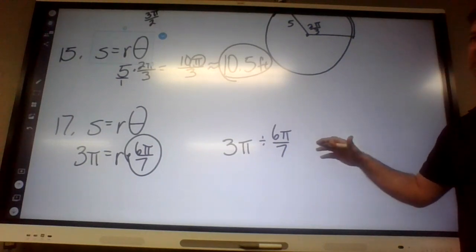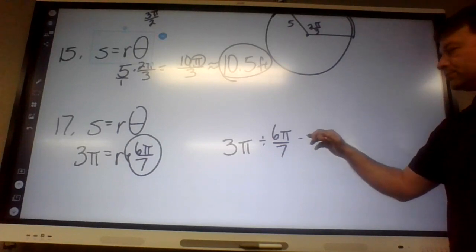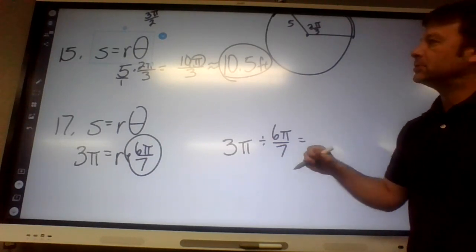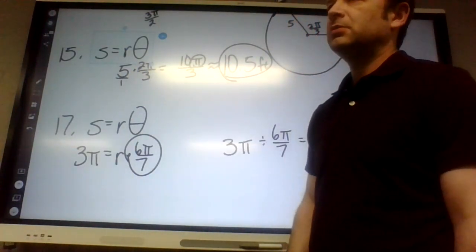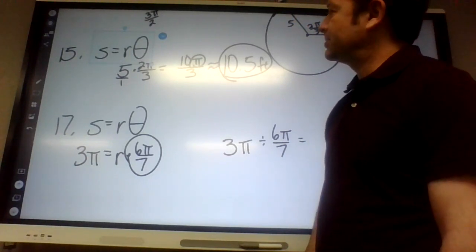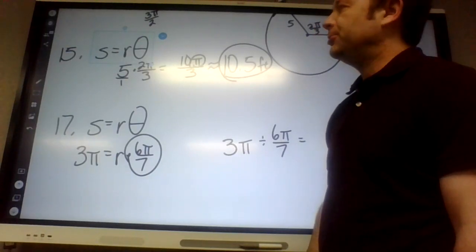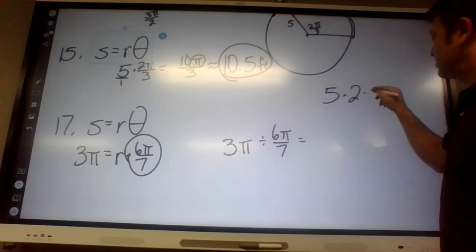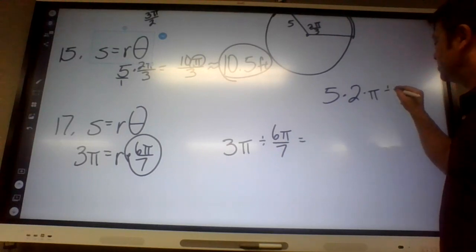And we do want a decimal, so will your calculator actually be more convenient in this case? Well, I'm trying to figure out when you got the answer on 15. 3.5. It's right here, Will. I'm plugging that in and I'm getting 600 every time. Okay, how did you get 600? You could plug in 5 times 2, I don't know if your calculator wants you to do times pi.